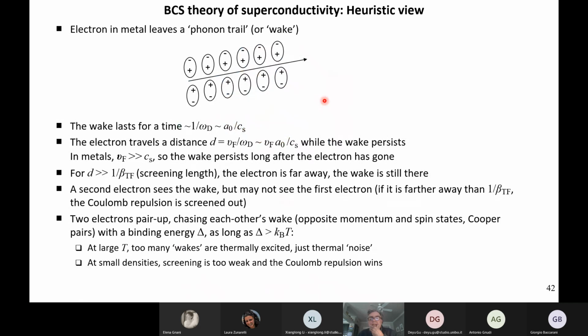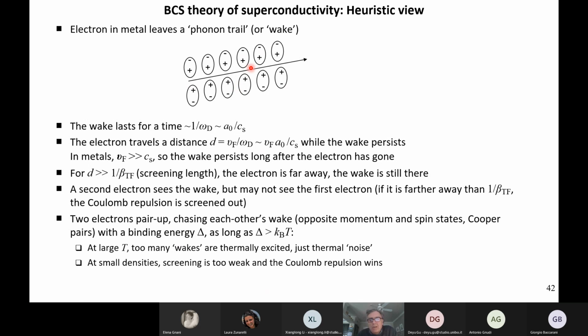So what is BCS superconductivity, the conventional superconductivity? You have an electron traveling in a metal, in a solid. We'll see why a metal is convenient. As it travels, it polarizes the medium.